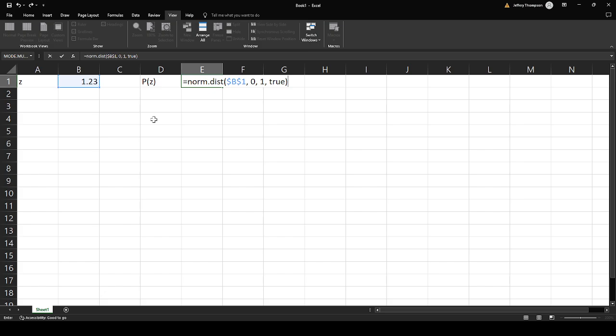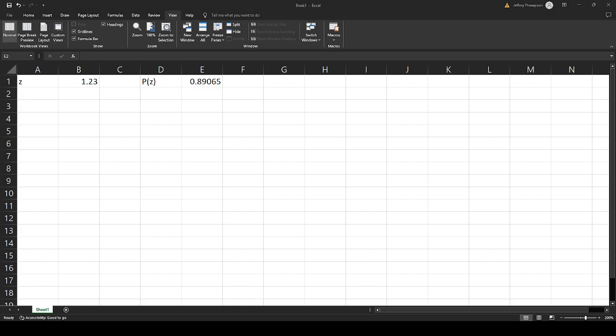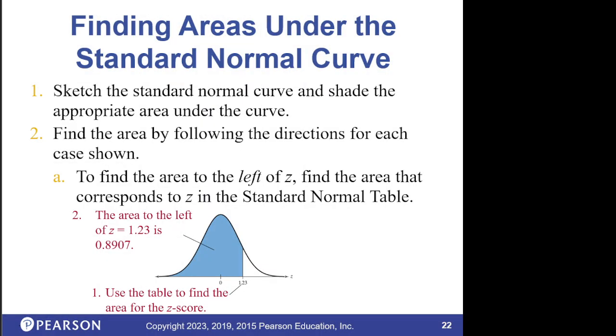So I use normal distribution, the z value, which in this case I'm referencing the cell back here. The mean is 0, the standard deviation is 1, and it is cumulative. And so I get my probability, 0.89065. Now if I go back to our PowerPoint, 0.8907, there was a rounding on it. So that's how our technology can help us get what a particular z value is out of it.